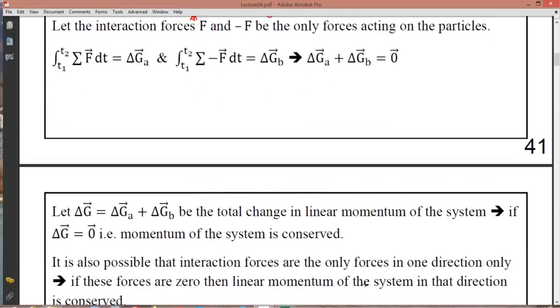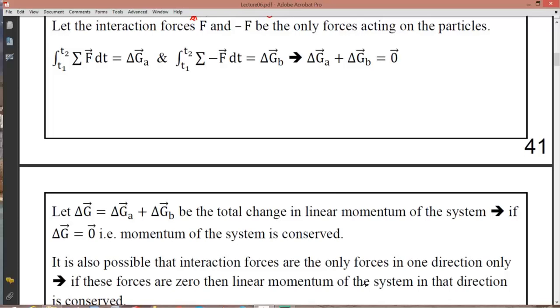And this is going to be called the conservation of the momentum of a system. In this case, the system is composed of these two particles, A and B. Because of these interaction forces, the linear momentum of the system stays the same because there are no other external forces, only internal forces.